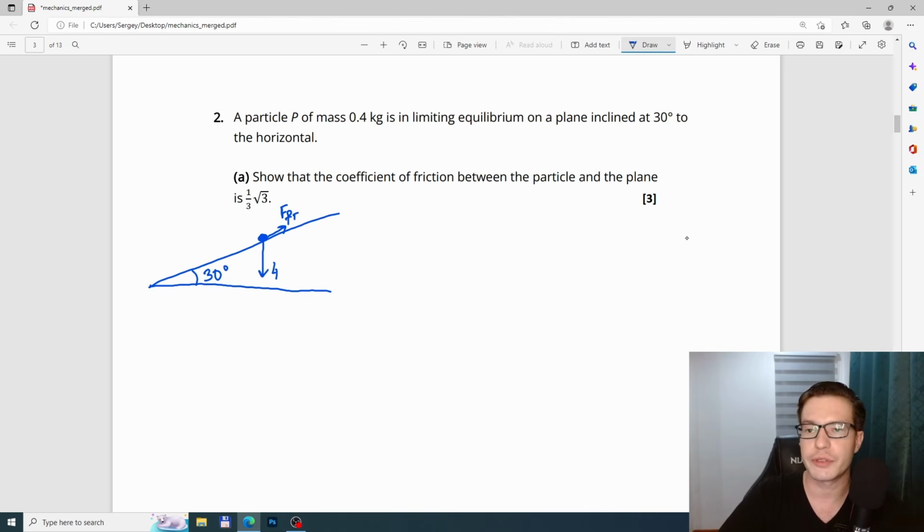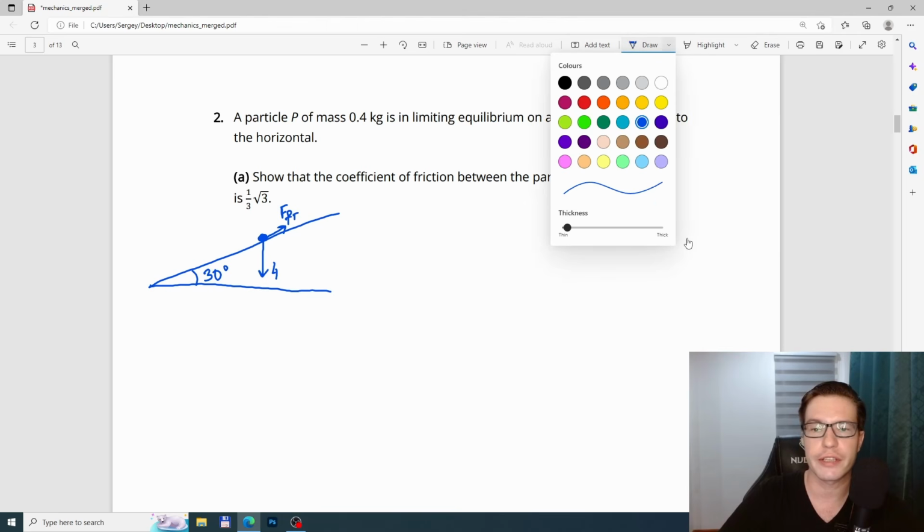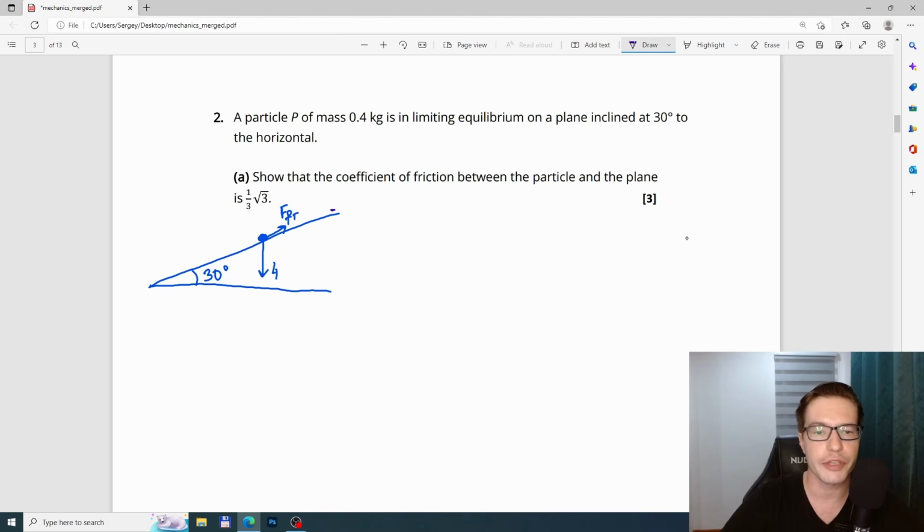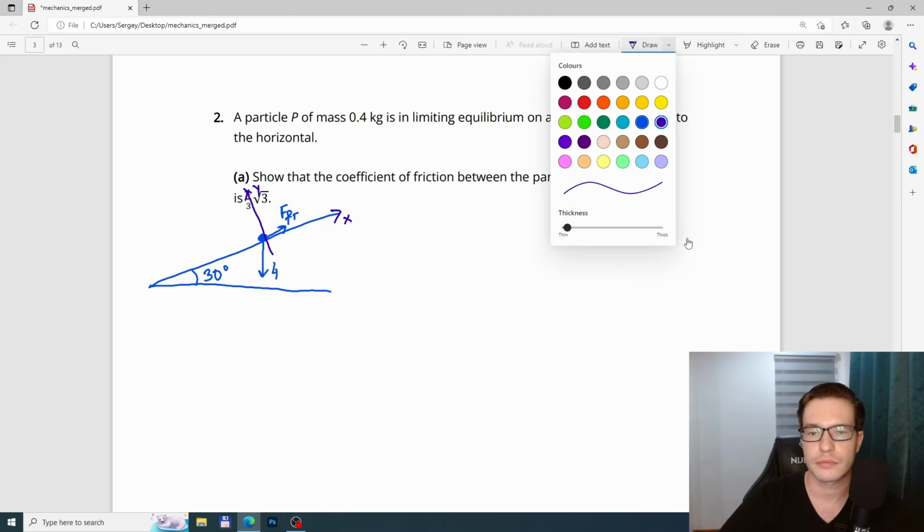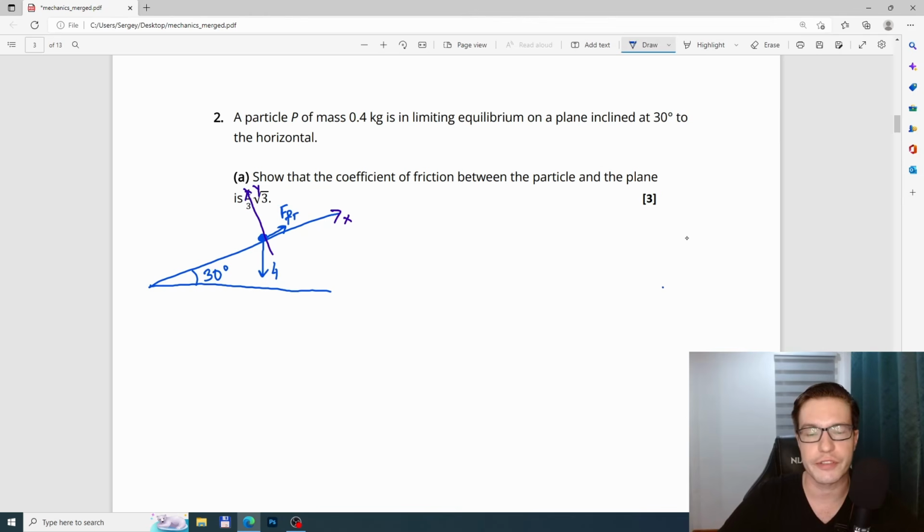Okay, now it's time to choose x and y axis and write down the second Newton's law. I will choose the x-axis to point upwards, and the y-axis is going to be perpendicular. Starting with the x-axis, we got a force of friction minus, I will have to find the x component of the weight.